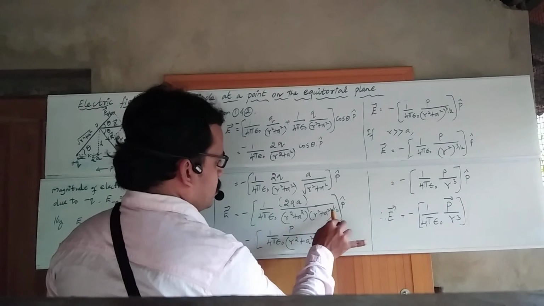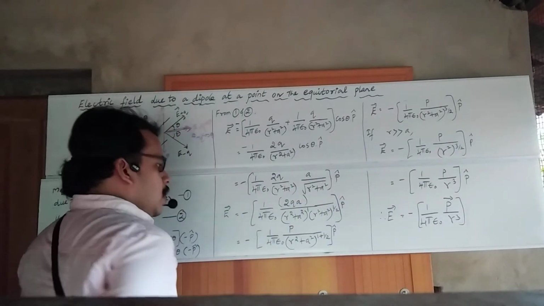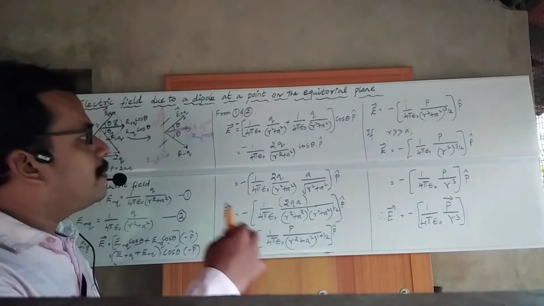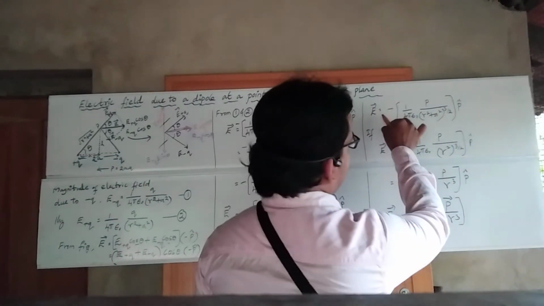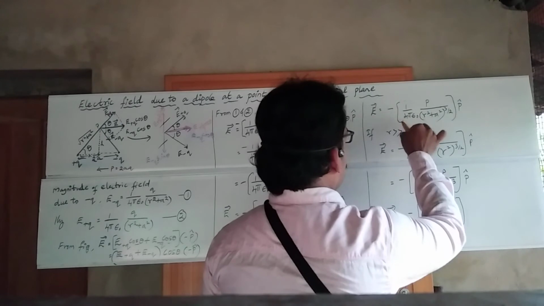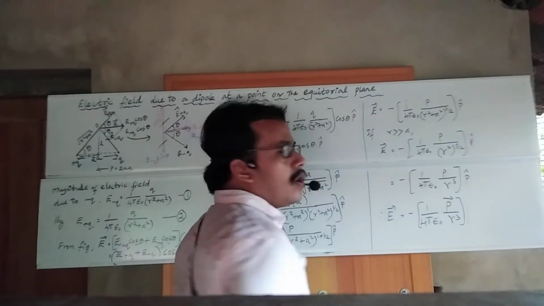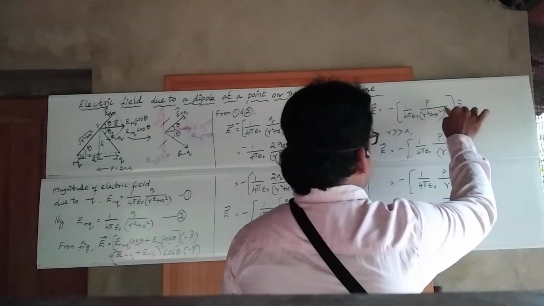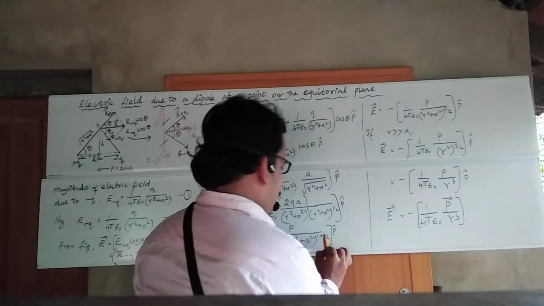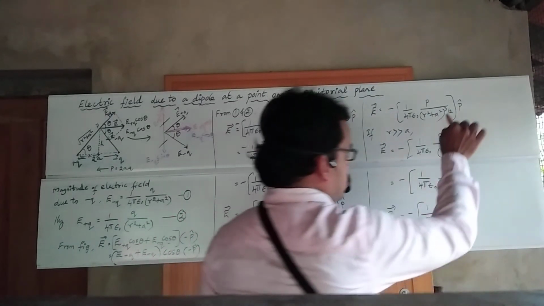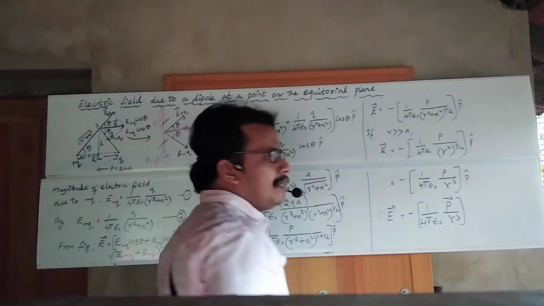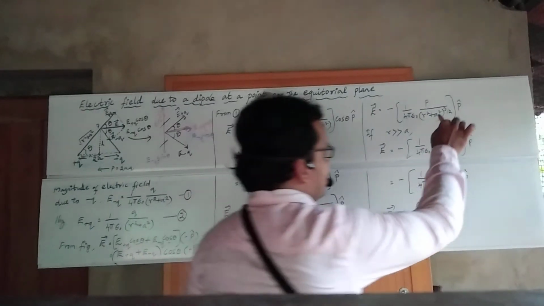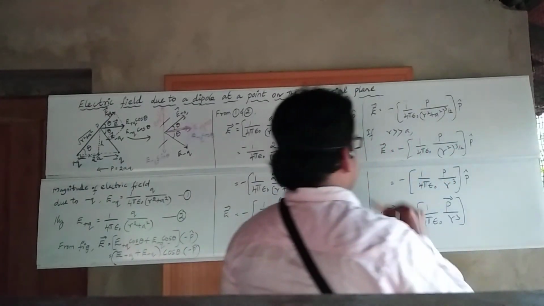So this E can be written as minus of 1 by 4 pi epsilon naught P by R square plus A square to the power 1 plus 1 by 2, that is 3 by 2. Very simple mathematics, addition. So I got 3 by 2 into P cap.